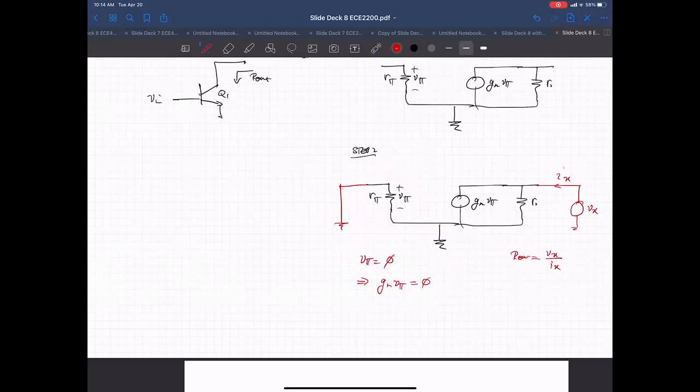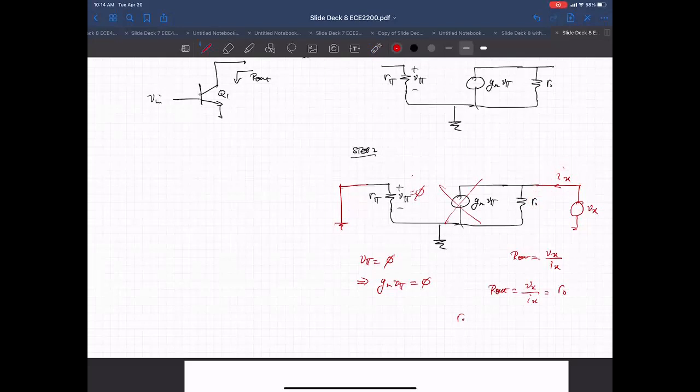Okay, so basically this means that because this voltage is 0, this guy basically goes out of the picture, and the only current, I sub X, the only current is over into R0. So my R out, again defined as V sub X over I sub X, is just equal to R0, which is just the early voltage.